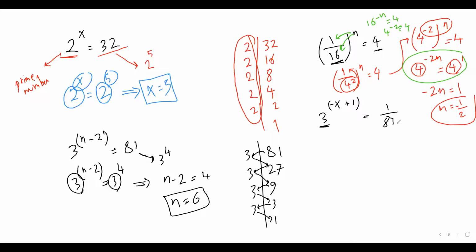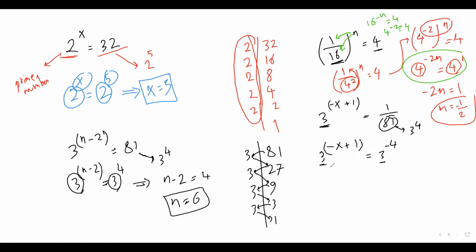However, 81, we have it right here, right? I haven't erased it yet. That's 3 to the power of 4, right? But it's in the denominator. You can bring it up if you want, but don't forget to change the sign of the index. So this is +1, and that would be 3 raised to the power of negative 4.